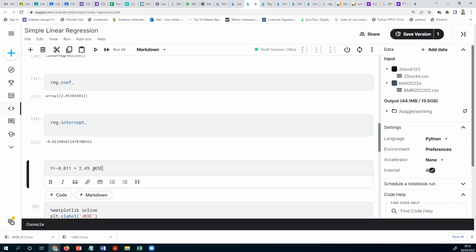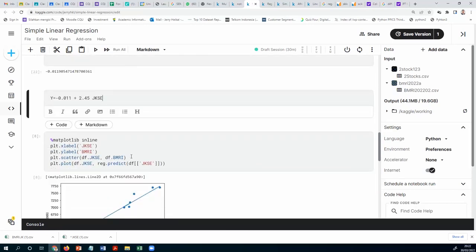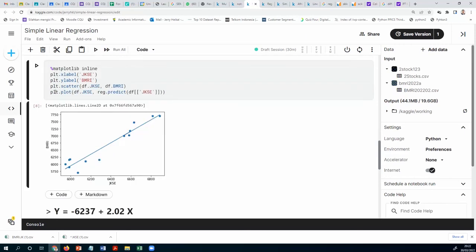This is the model that we developed. So we get the beta here, 2.45. This beta is going to be used for the capital asset pricing model. Okay.